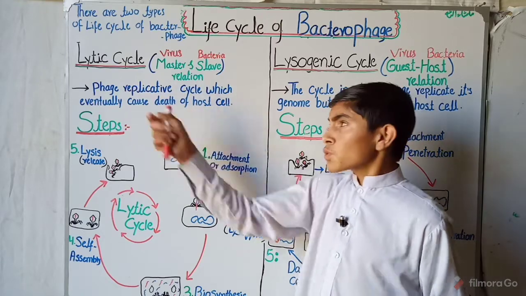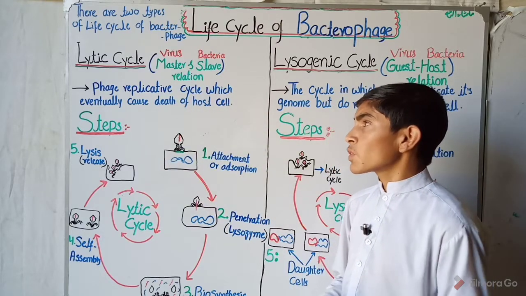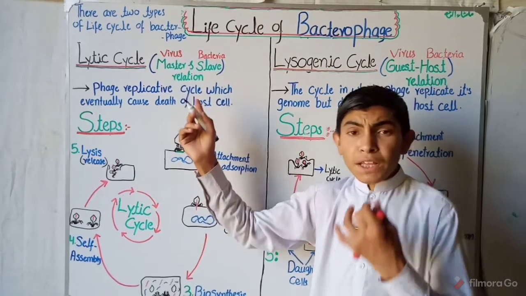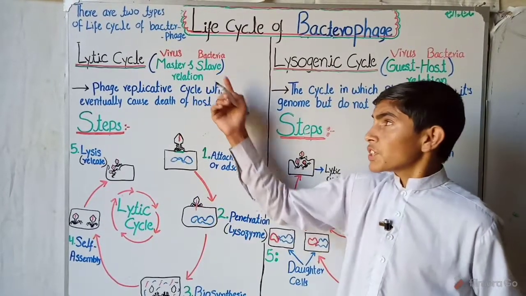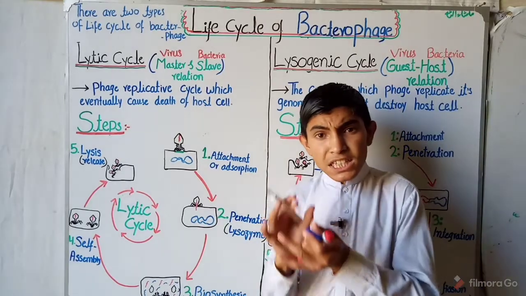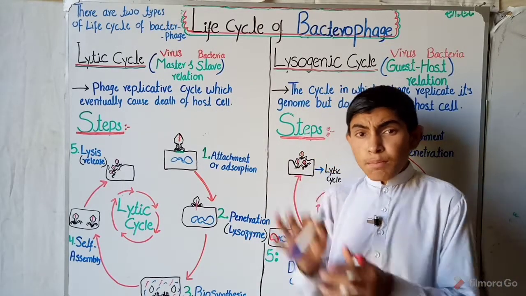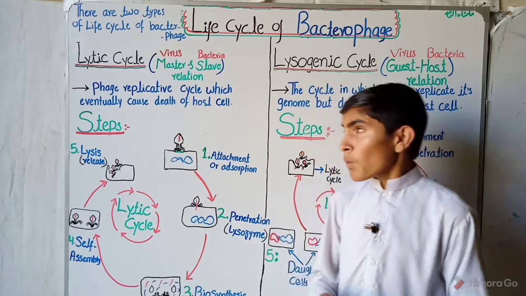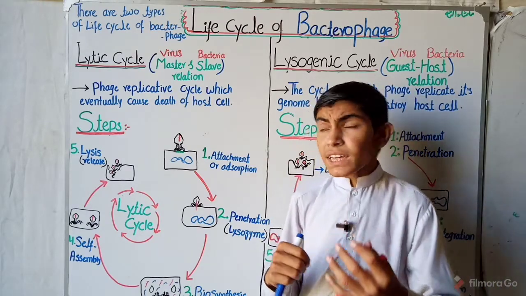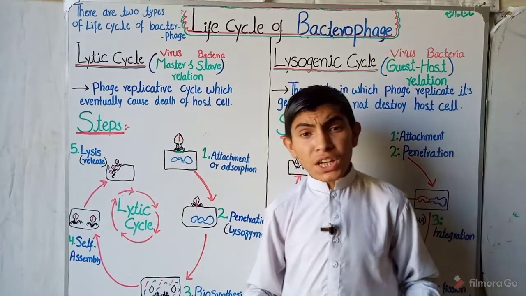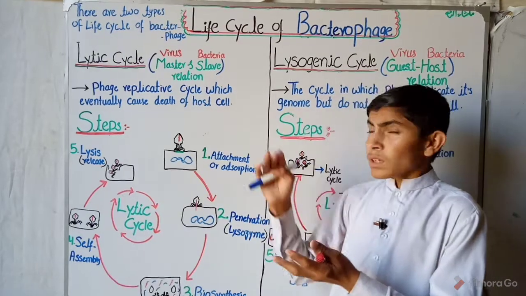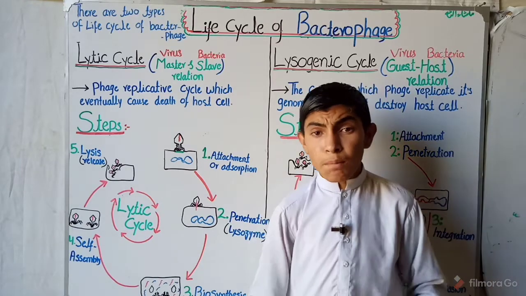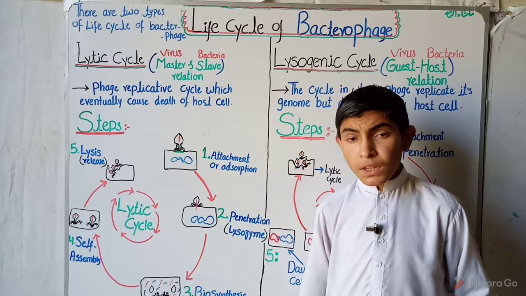Lytic cycle is also known as the master and slave relationship, in which the virus plays the role of master while the bacteria play the role of slave. In this lytic cycle, a bacteriophage virus attacks a bacterial cell and takes control of the whole bacterial cell and works as a master, while the bacteria dependently perform the role of a slave under the control of the bacteriophage virus.